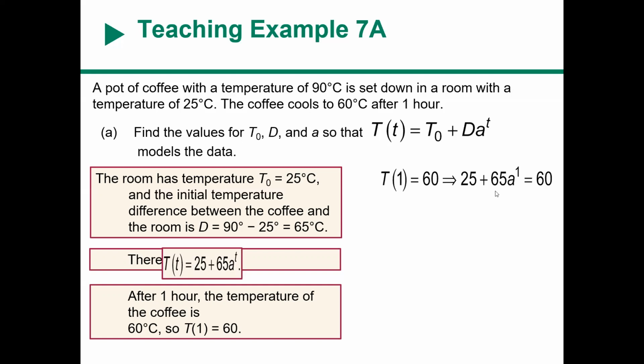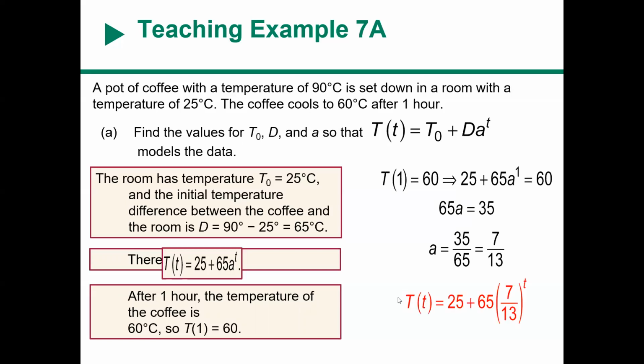So I plug that in, and then I do the math. I subtract 25, divide by 65. When I subtract 25, I get 35. When I divide by 65, I get 7/13. So my equation is T of t equals 25 plus 65 times 7/13 to the t.